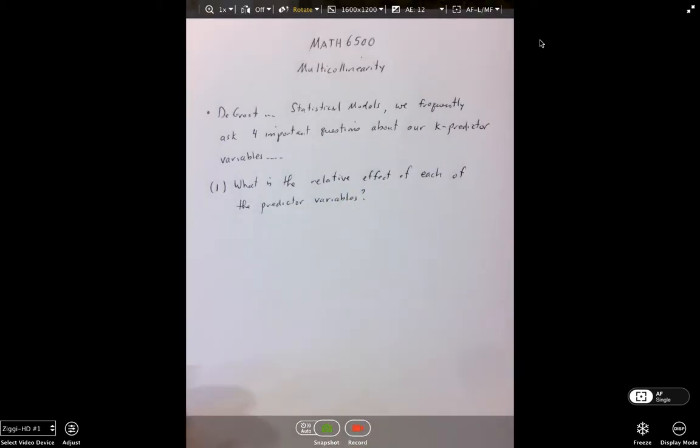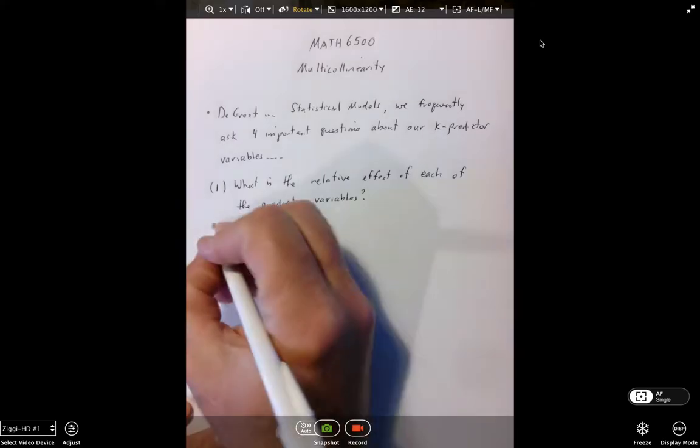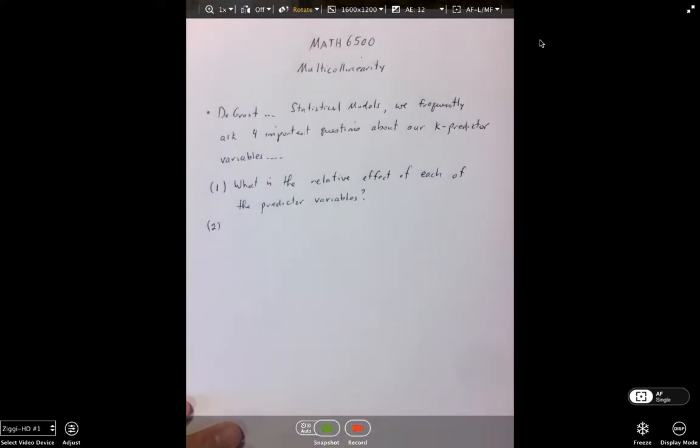If I was going to try to predict first-year GPA for a college student, and I looked at their ACT score, their parents' education, socioeconomic status, and high school GPA, I would want to know, independent of each of the other variables, what is the relative effect of each of those. That's certainly not creating anything of alarming proportion, but it's one of the first things I would want to think about.